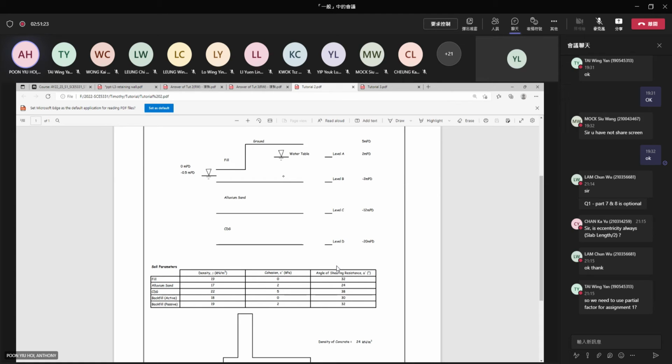So this is the questions. So in here, the levels for each of this is given, and bear in mind that when calculating the soil, as I said before, when you are constructing a retaining wall, actually you need to excavate this away, and then you put your retaining wall there.